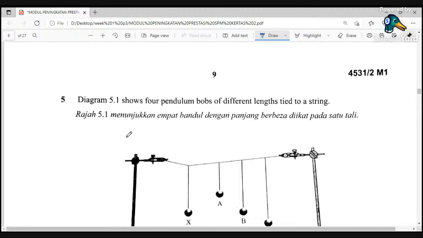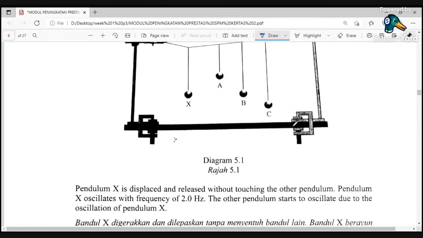Okay, number 5. 5.1 shows 4 pendulum bobs of different lengths tied to strings, X and B the same length. Pendulum X is displaced and released without touching the other pendulums. Pendulum X oscillates at frequency 2 Hz.